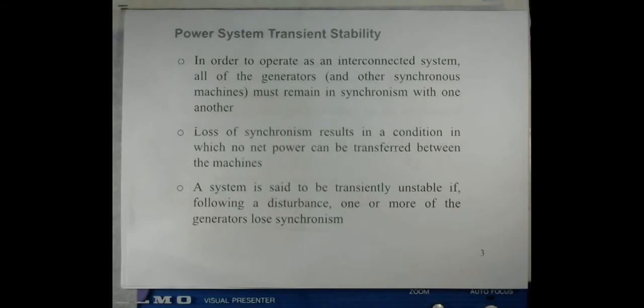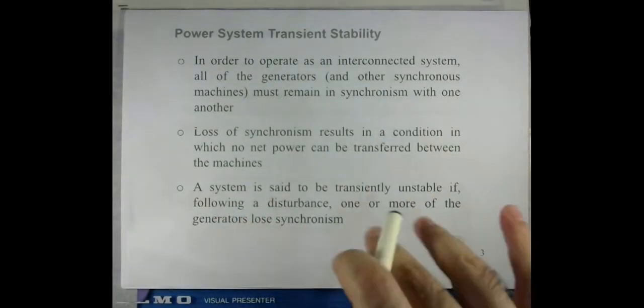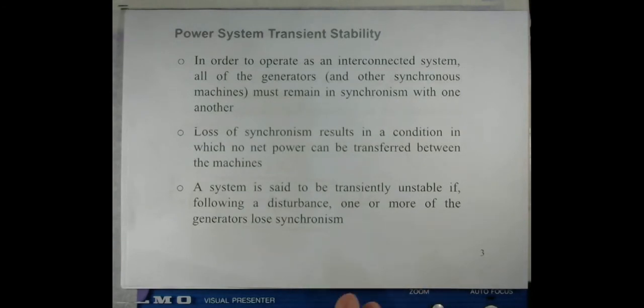Because if, let's say, the synchronism is lost, then under that condition maybe a part of the system, or let's say a machine, can't deliver the power to the system, because for the interconnected system it is important that all the machines must remain in synchronism with one another.